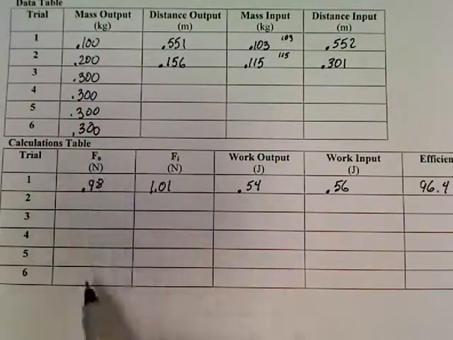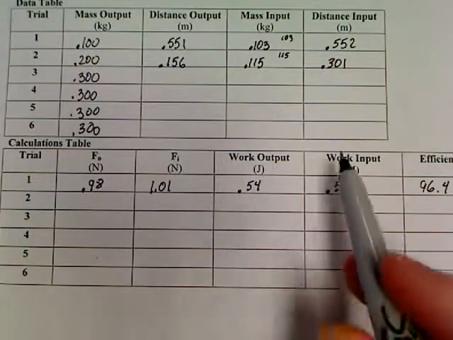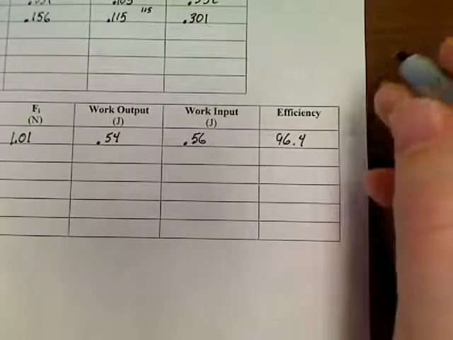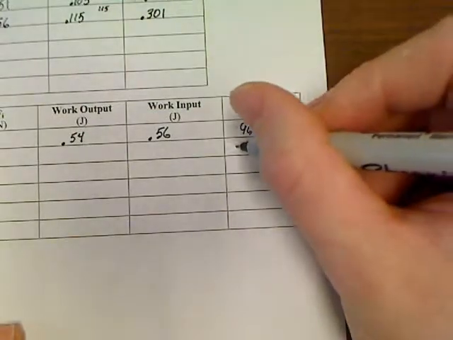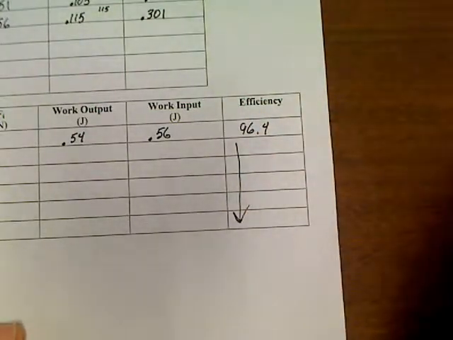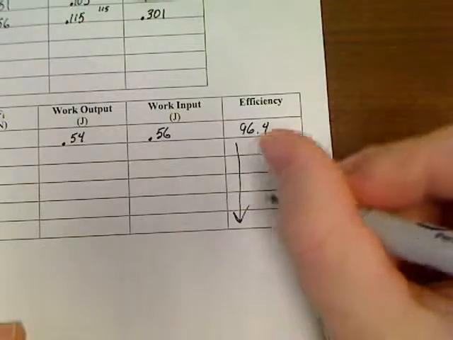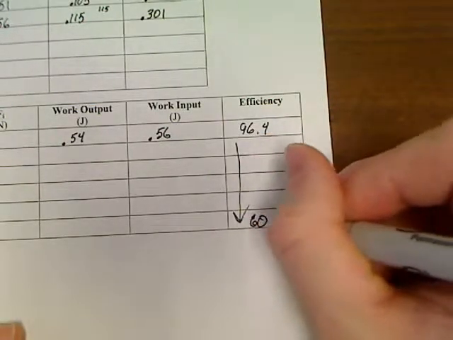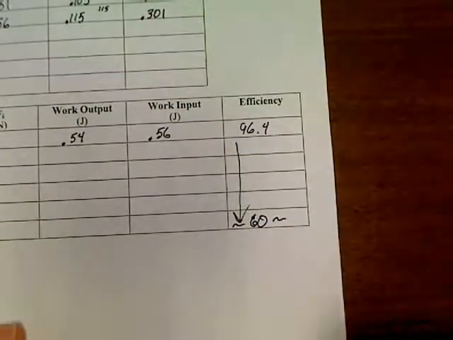Now, use the same equations to calculate each column. You could go through and do all your FOs, all your FIs, WOs, WIs, then do all your efficiencies. Now you will notice a trend in the lab. The efficiency should go down. You're probably up in the 90s here, and you'll probably end up in the 60s by the time you get down here.